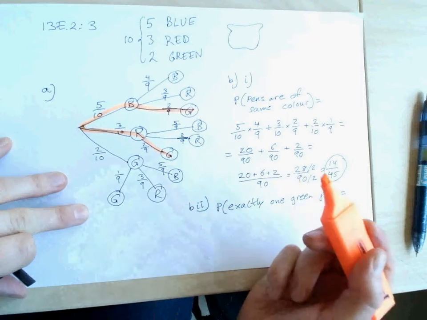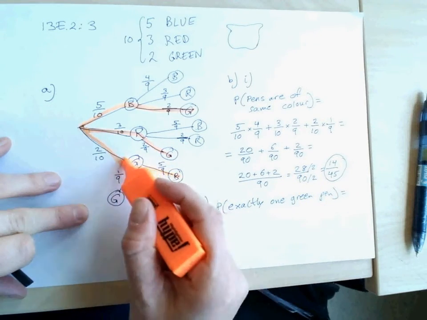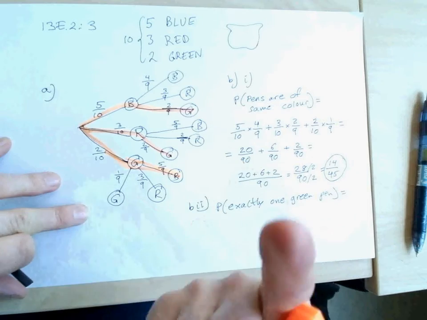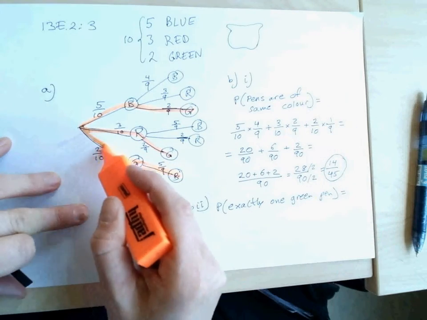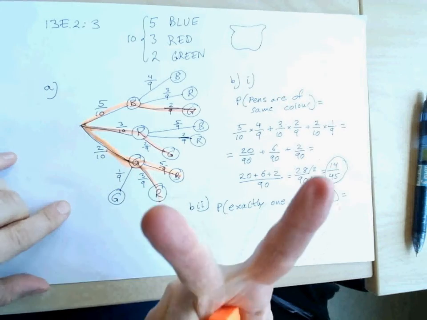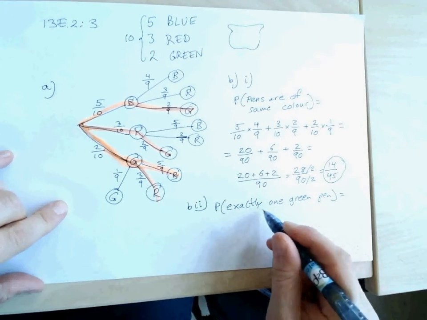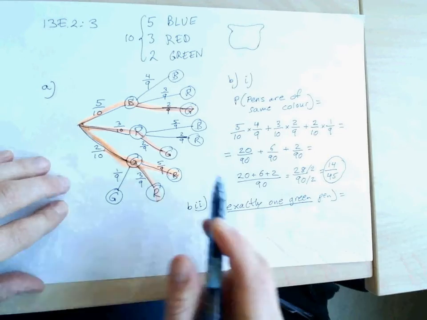You could go red-green, also one green. You could go green-blue, that also makes you get exactly one green. But you can also go green-red. Not green-green, because then you have two greens, and we wanted exactly one green.